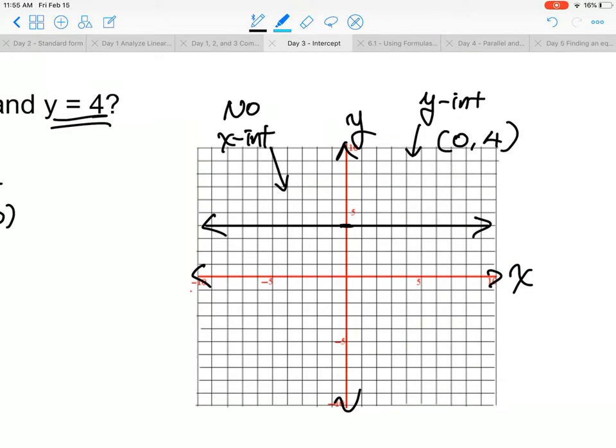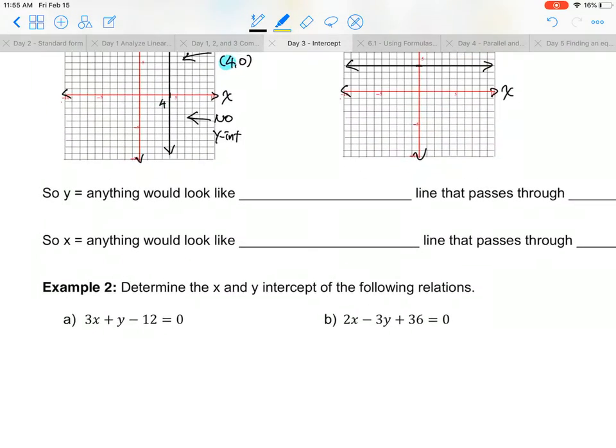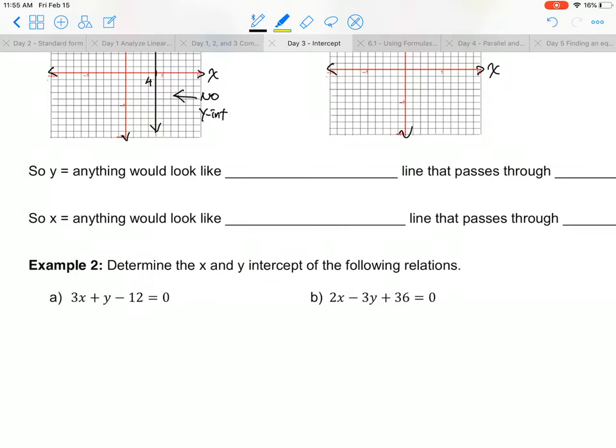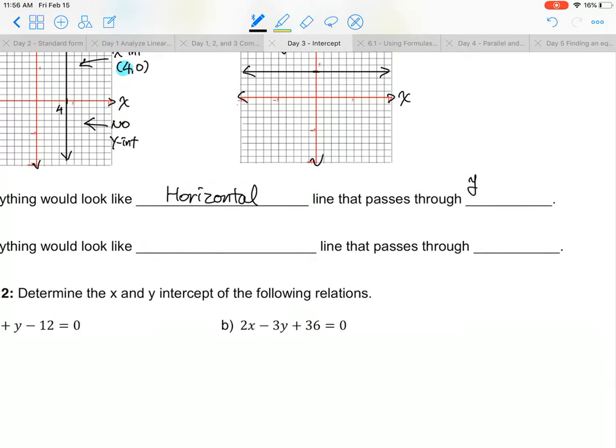Now, hopefully you notice that the 4 comes from the equation y equals 4, so y-intercept 4, okay? So y equals anything would look like a horizontal line that passes through the y value of that anything, that number in the equation.